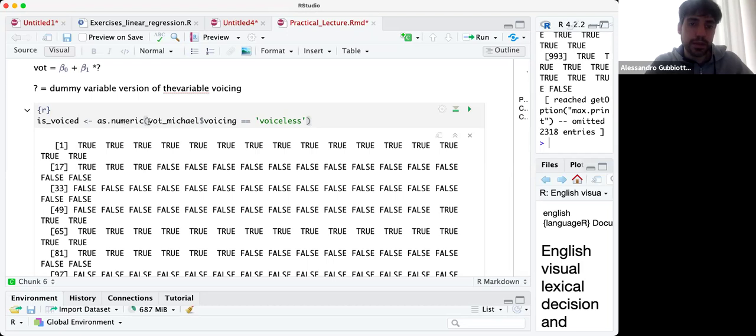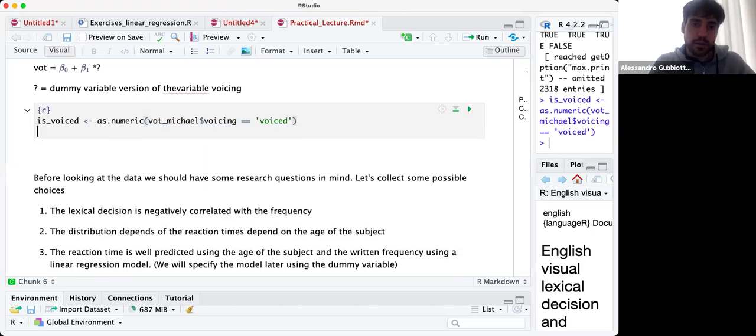We assume that this vector of true and false is a numeric vector. So this command will put a 1 if it is true, or 0 if it is false. Actually for is voiced, here we should put voiced. Let's see if I didn't make any mistake.